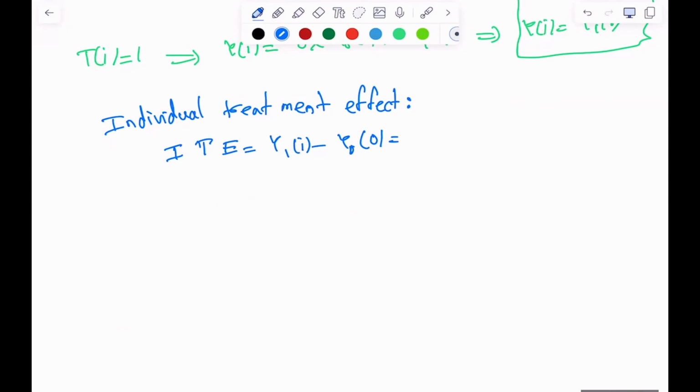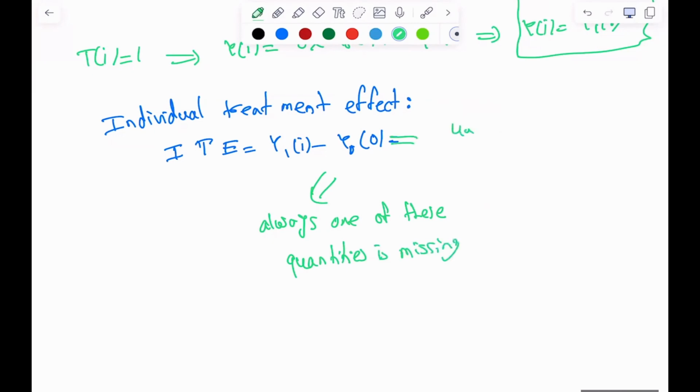Or if you didn't get the treatment, I don't have the observed outcome if you get the treatment. So always one of these quantities is missing. So this one is undefined. Since always one of them is missing, this is undefined. Or we can write unobserved. We don't know that.